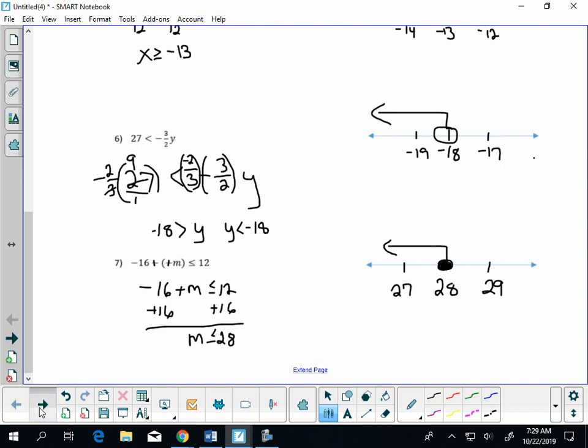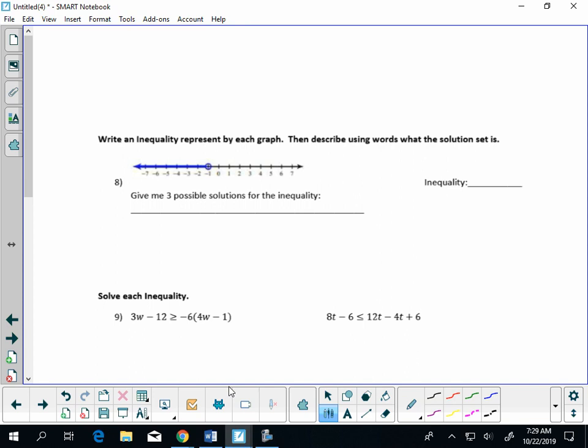All right, on number 8, we want to write an inequality represented by each graph, then describe using words what the solution set is. So the inequality here is going to be x and it's less than, because it's being shaded to the left. And I'm not going to use an equal to sign underneath there because it's an open dot, -1.